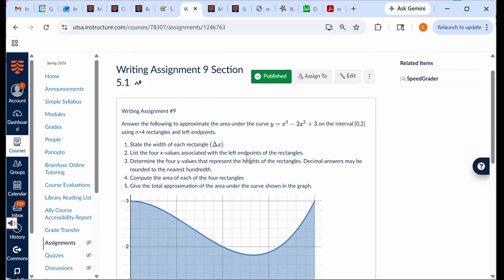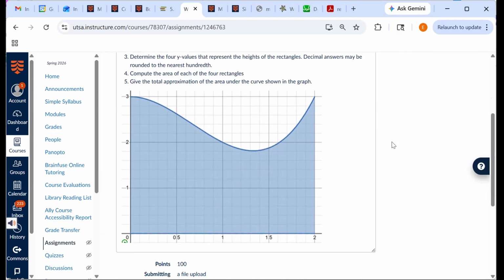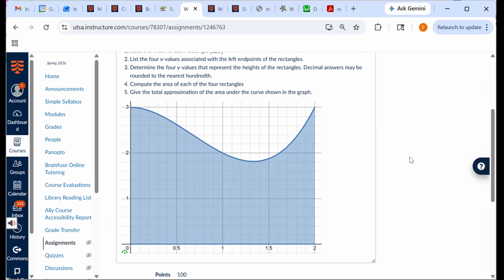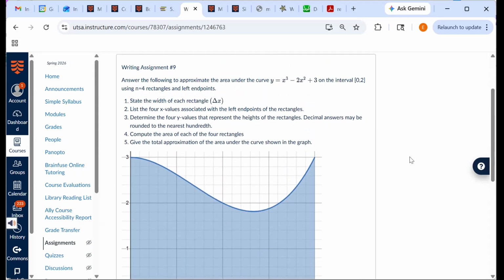So it's just walking you through step by step how to do the whole Riemann sum in a very basic setup. The graph is there to give you a frame of reference, a picture you can actually draw the rectangles on. So this is very similar in format to the ones we did in the notes.